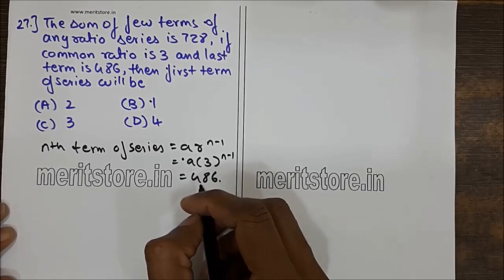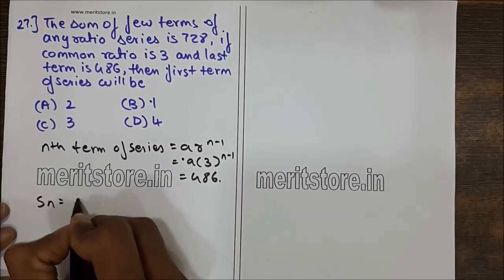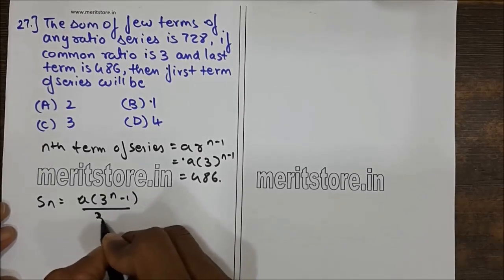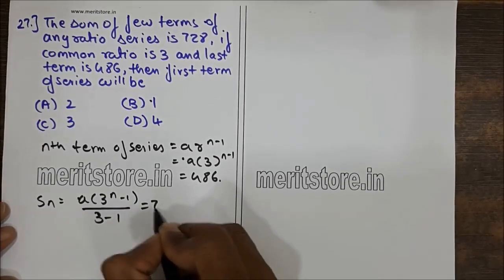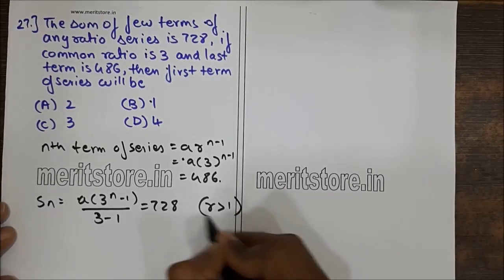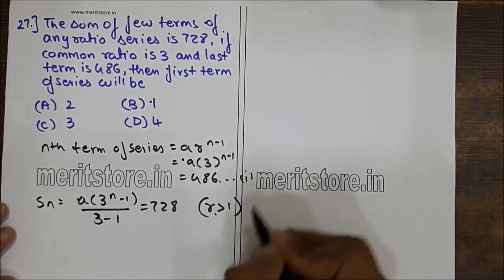So the sum of n terms of the series can be written as Sn equals a into (3 raised to n minus 1) upon (3 minus 1) equal to 728. Since r is greater than 1, let this be equation 1, let this be 2.